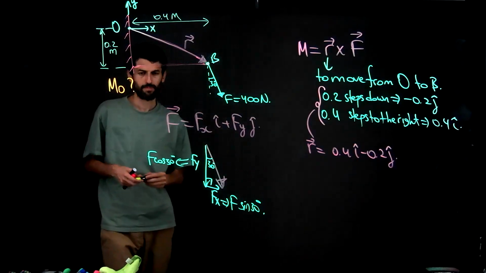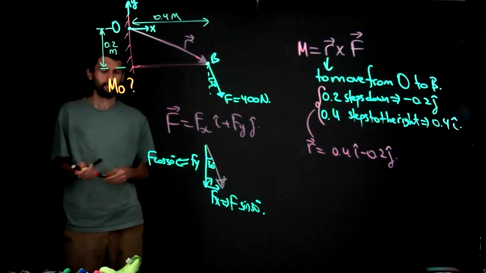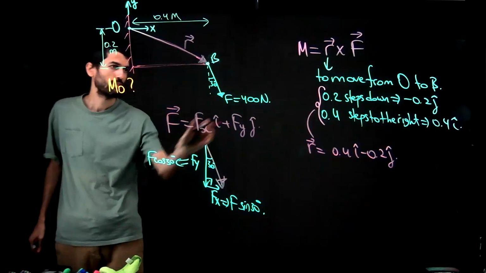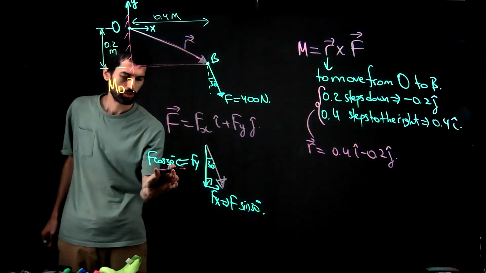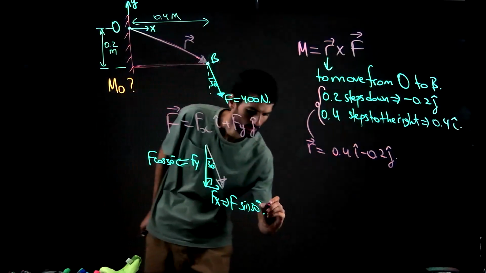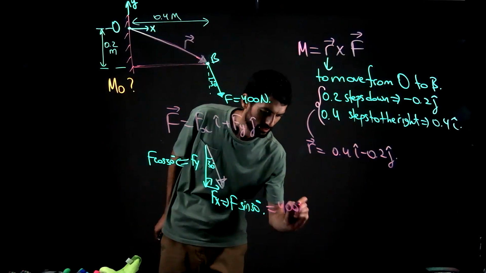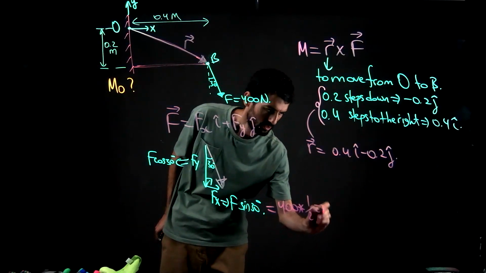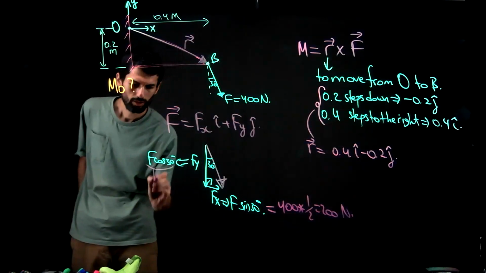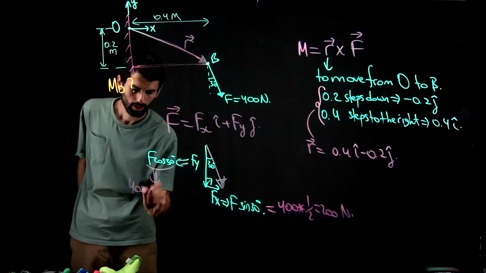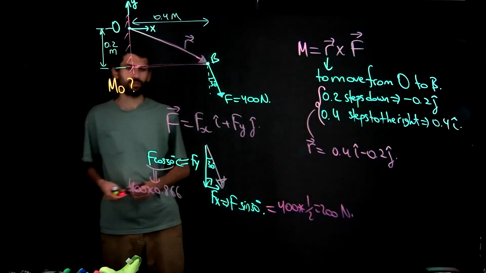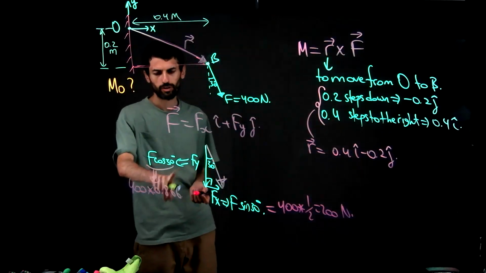F_x is 400 times sine 30, which is 400 times 1/2, 200 newtons. F_y is 400 times 0.866.